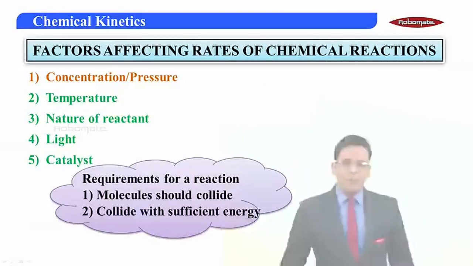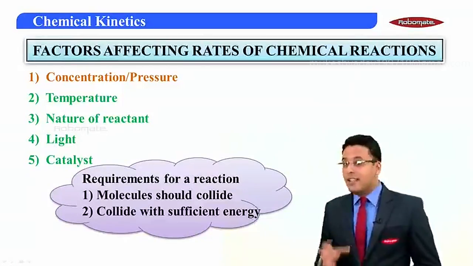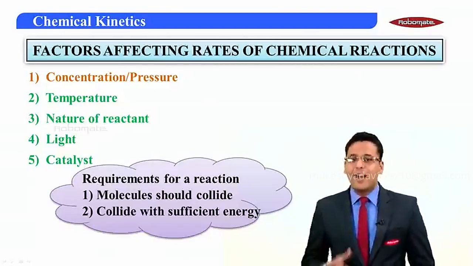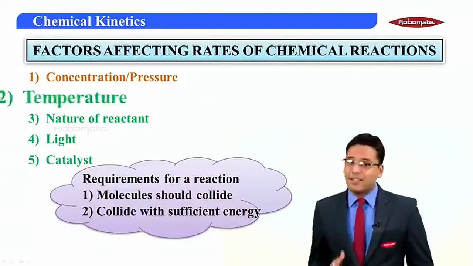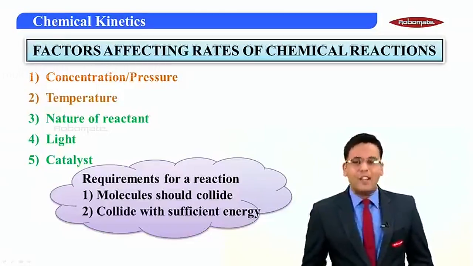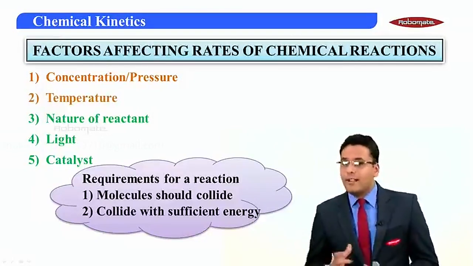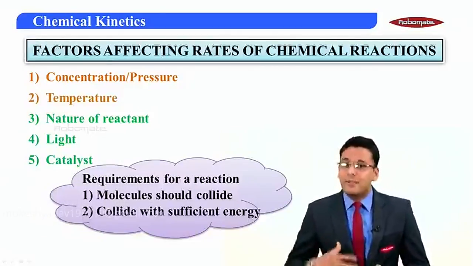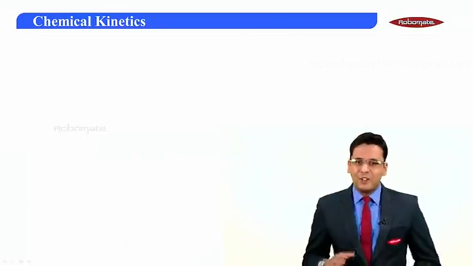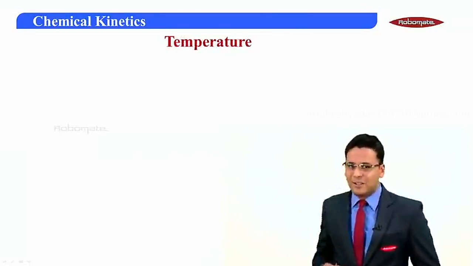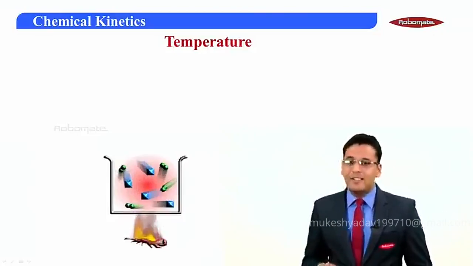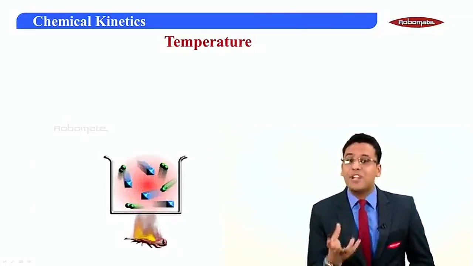Now, if you remember, students, these were the factors which affect rate of reaction, out of which temperature is the second factor. This one is fairly easy. If you remember, the molecules should collide with sufficient energy, which can be increased with temperature. So say there is a reaction which is taking place at a high temperature.